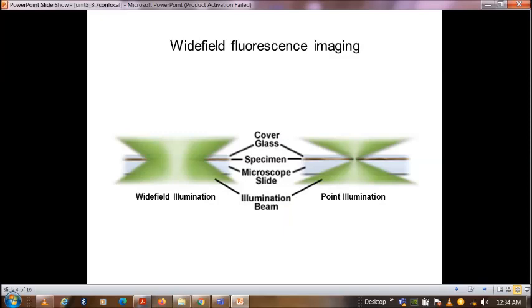So the wide field fluorescent imaging and point illumination imaging are given over here. If the cover glass has the pinhole with a wider length, then wide field illumination may occur. If the cover glass has a very minute opening, then between the cover glass and the lens is the focal point.